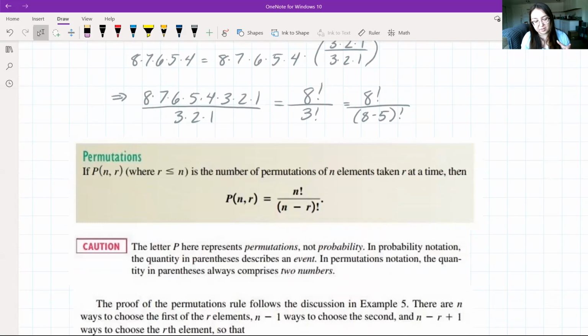So for permutations, if P of n comma r, where r is less than or equal to n. So r always has to be less than or equal to n because you can't take 10 options out of 3.